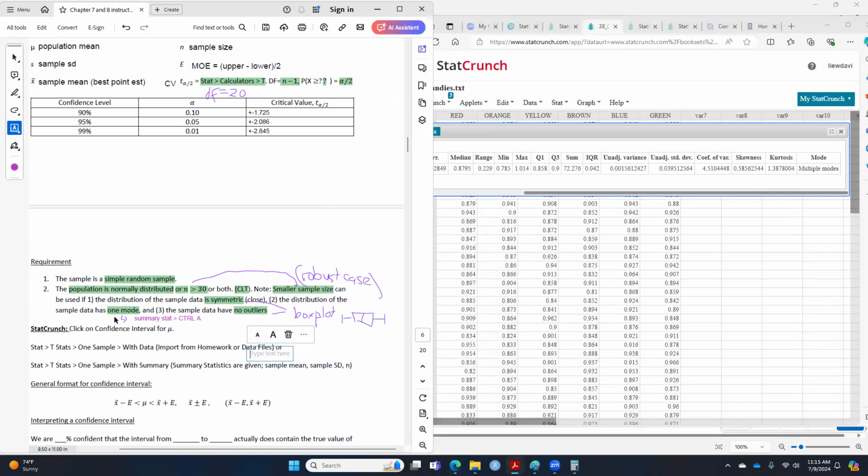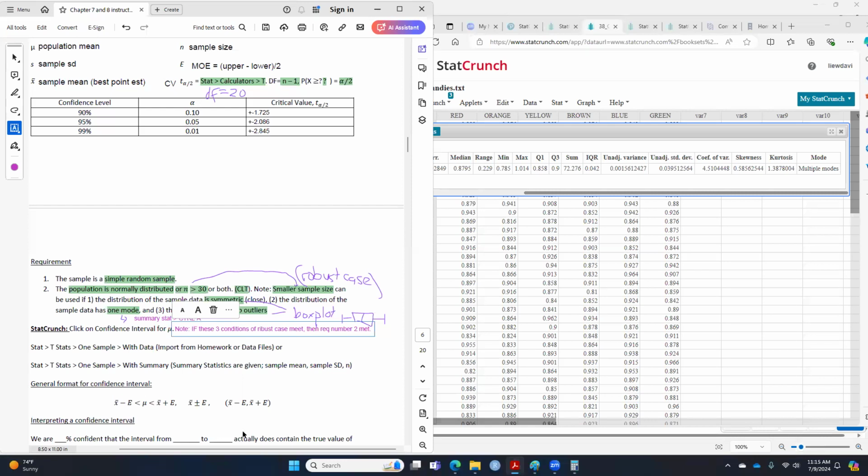So if these three conditions of this robust case are met, then the CLT will be met. Okay, so this is a note here: if these three conditions of the robust case are met, then requirement number 2 will be met.